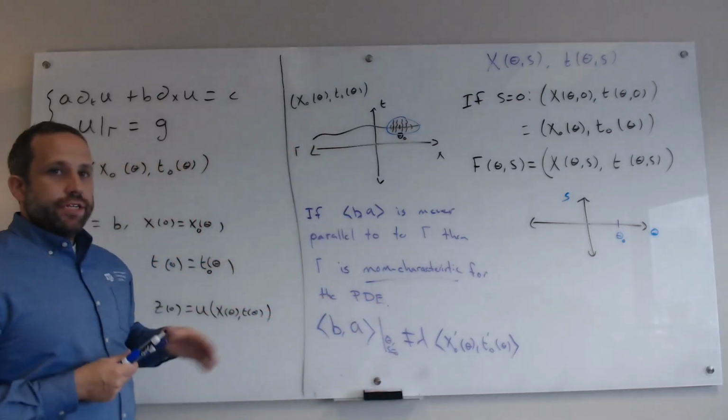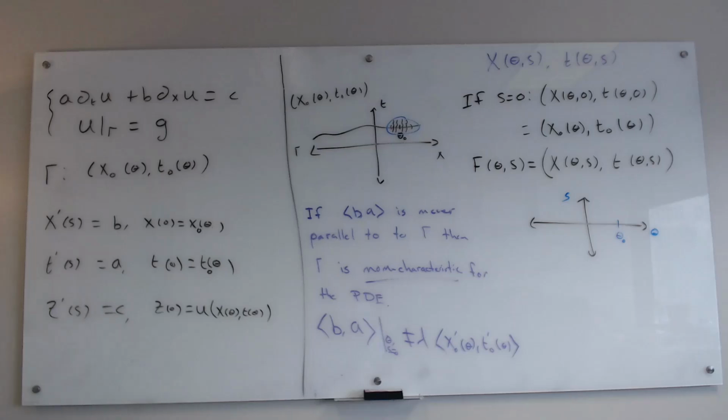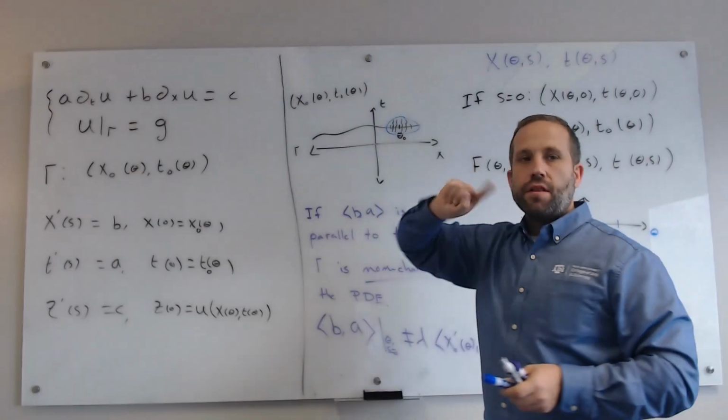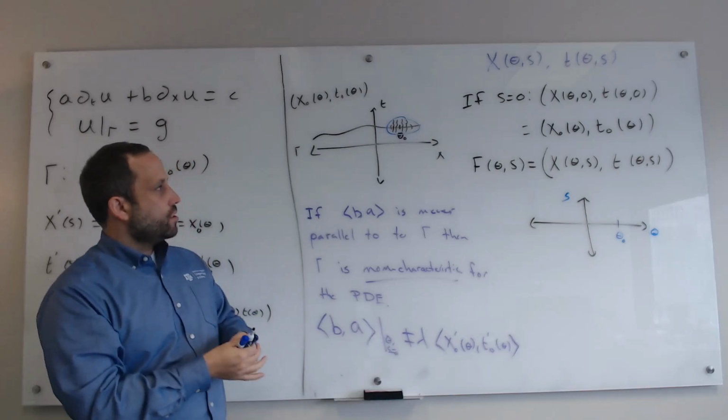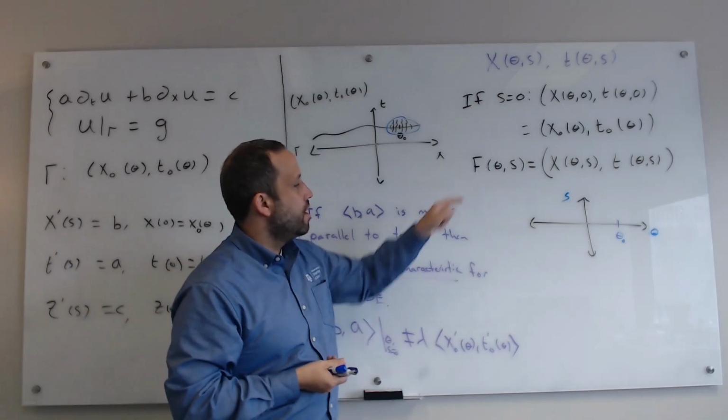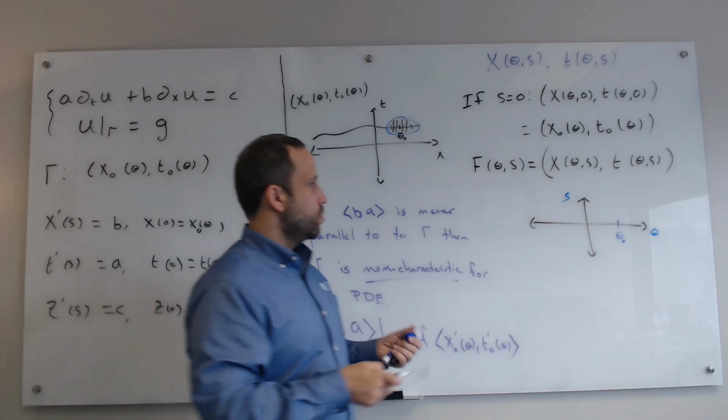What I need to make sure of is that every point in that neighborhood around theta naught lies on exactly one characteristic. The way I can do that is to ensure that this function is one-to-one. What I mean is the following.